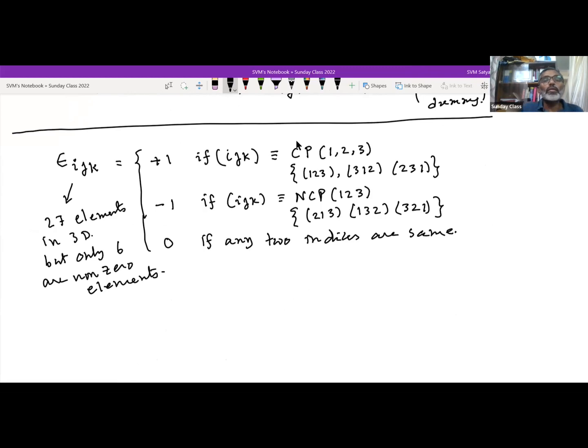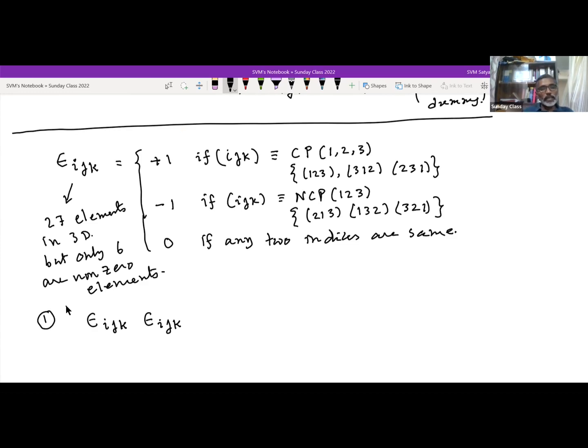Now, let us try to get some results. Let's say first, I ask the following question. Suppose I have epsilon ijk multiplied by another epsilon ijk. What will that be equal to?